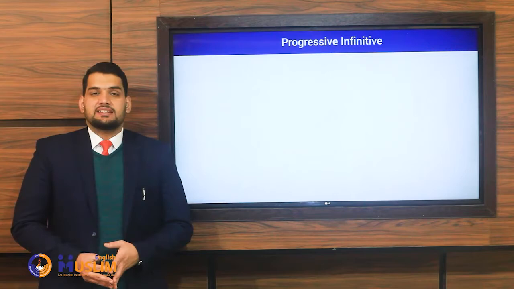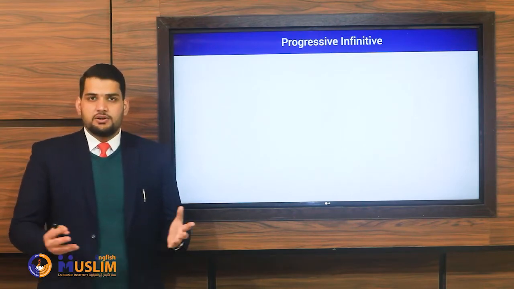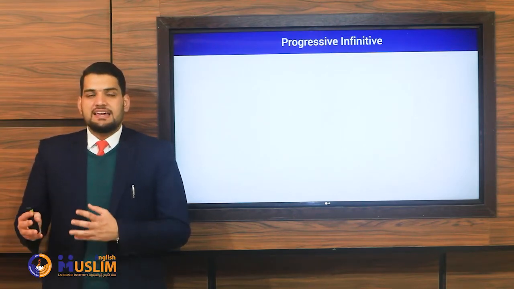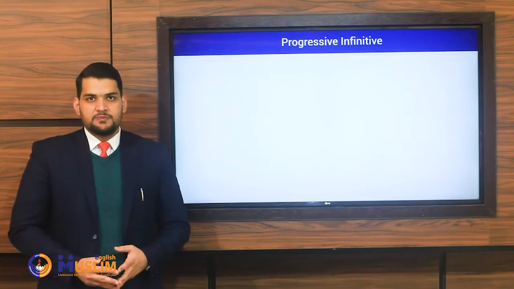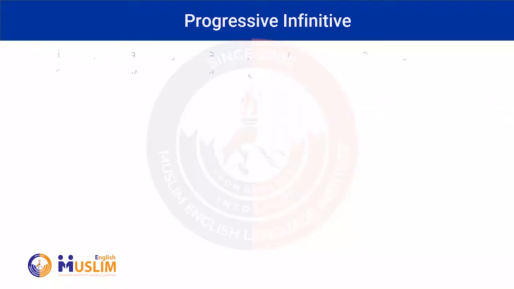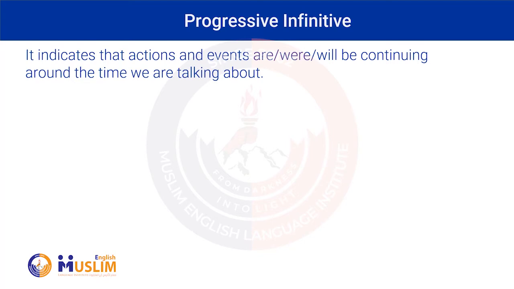Now let's talk about the next form of infinitive, and that is progressive infinitive. As you all know, progressive is also known as continuous infinitive. So as the name suggests, it indicates that actions and events are, were, or will be continuing around the time we're talking about.